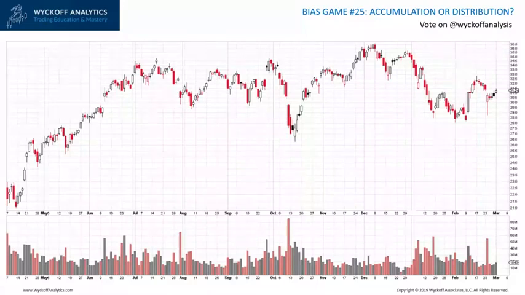So we have about 60% of you saying this is a reaccumulation, probably around 65, maybe even 70. A couple of you are saying this is a distribution.